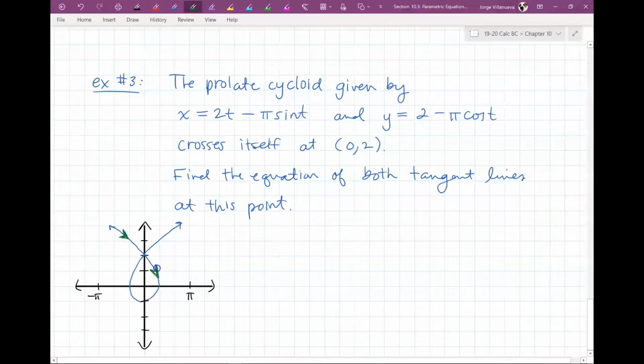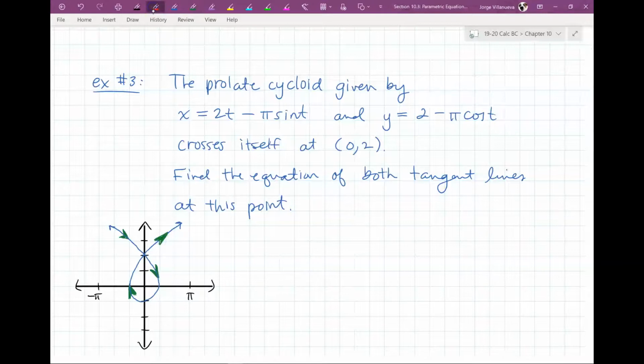So there are your directional arrows. It's coming in that way and looping around.